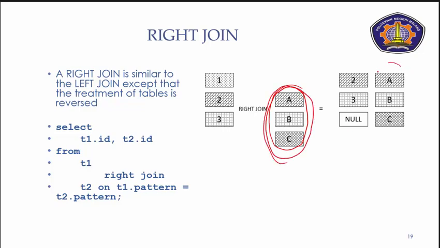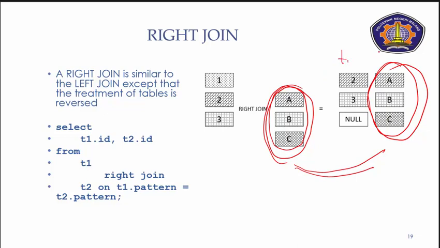So you can see all the results here that are equal. But the null result, something in table 1 that is not equal in table 2, will give no result. It will show in the left table, in this case in table 1 here.